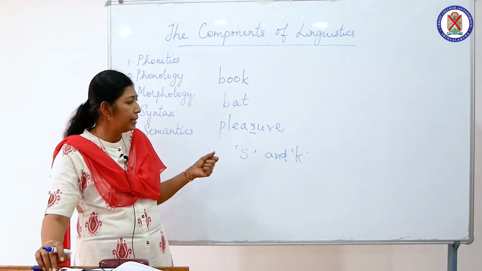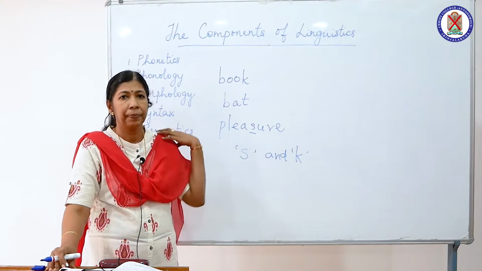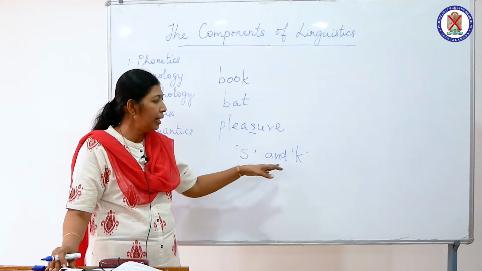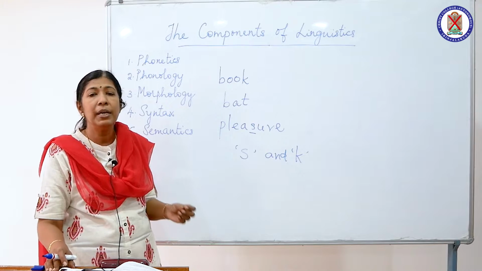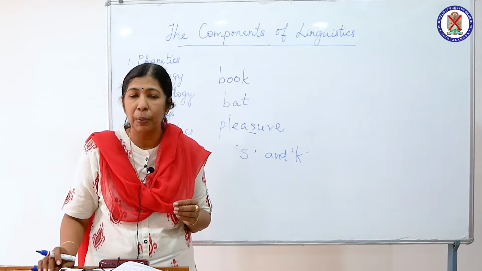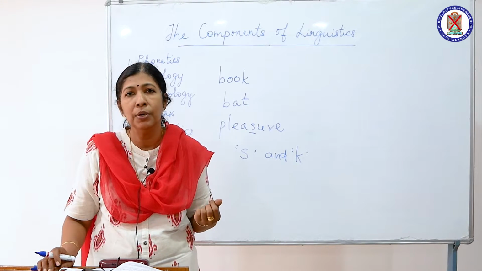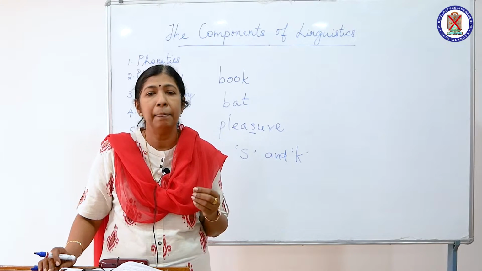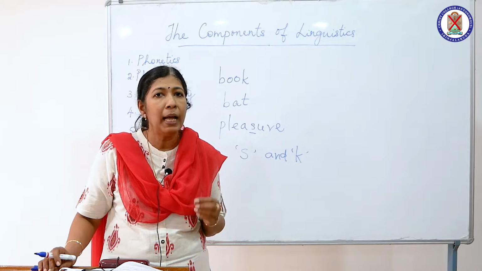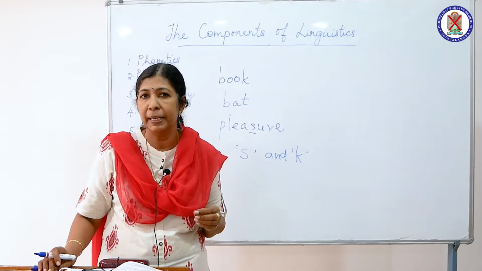We can see that in English, the two sounds sa and ka can begin a word. There is no need for an intervening vowel sound between these two sounds. These two sounds can come at the beginning of a word without a vowel sound in between.